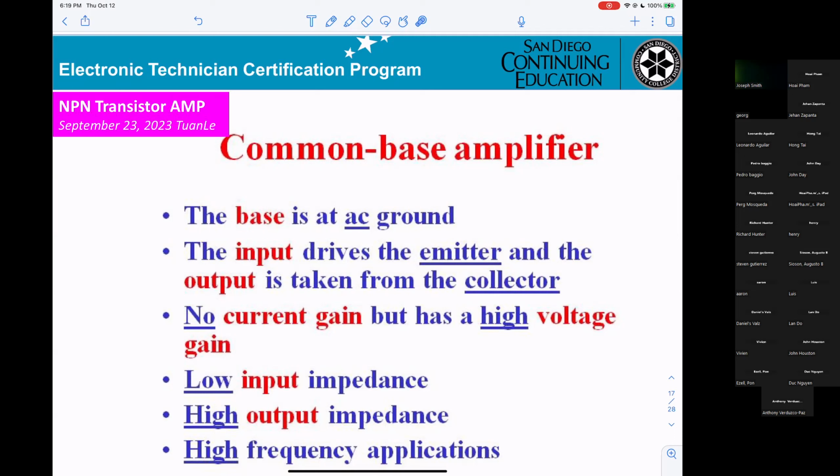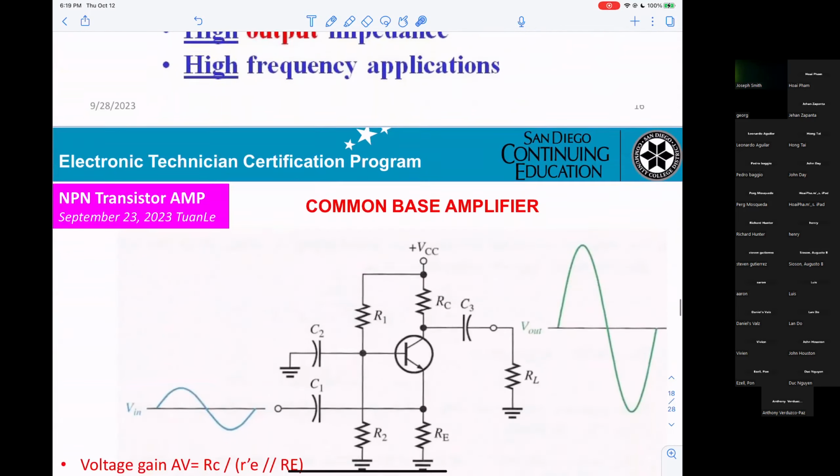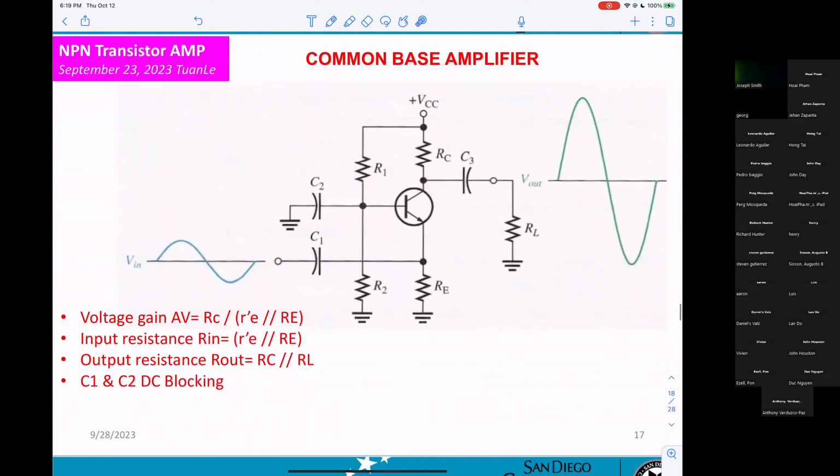So whenever they're talking about common base amplifier, then you can talk about it. Okay? On this amplifier, you will be working with volts. The common base: you can see input is applied to the emitter, right here.